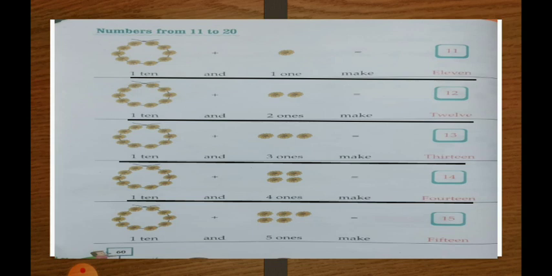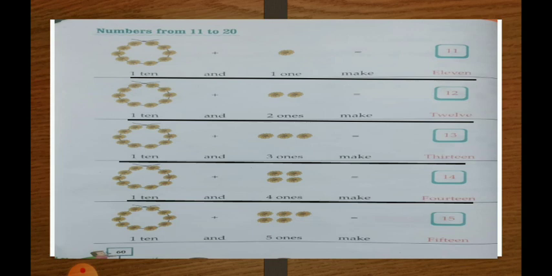Now see the garland of 10 flowers, which you will count as a 10, plus 5 more flowers. So count after 10. Take 5 fingers, show 5 fingers and count after 10: 11, 12, 13, 14 and 15.